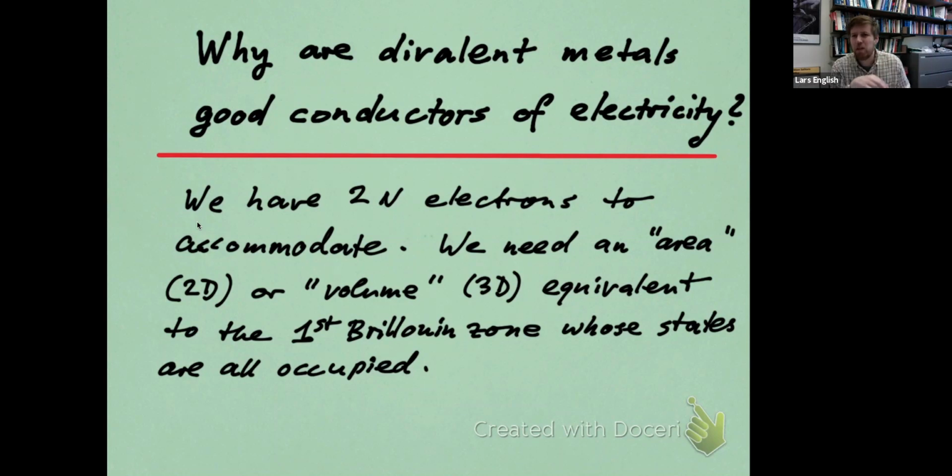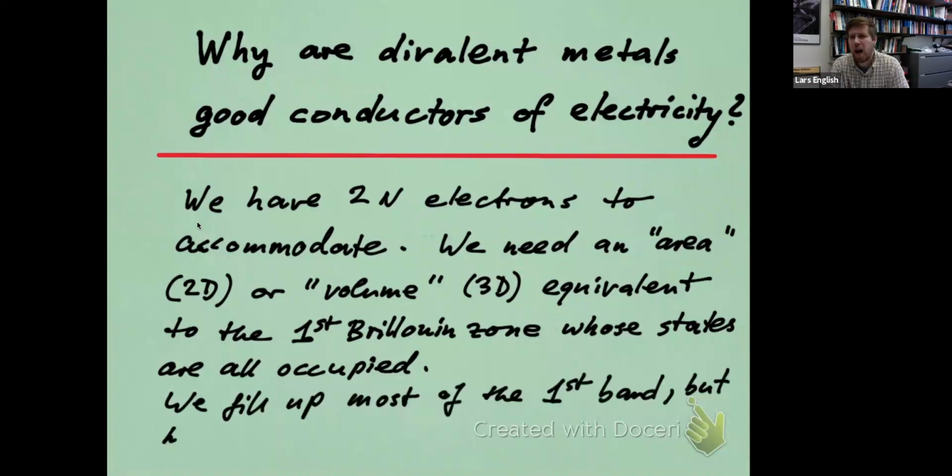But what does the picture look like in 2 and 3 dimensions? Well, we still need an area or a volume that's equivalent to the first Brillouin zone. Why? Because that area or volume would enclose the number of states that I need to accommodate the 2N electrons. So which states are we actually going to occupy?